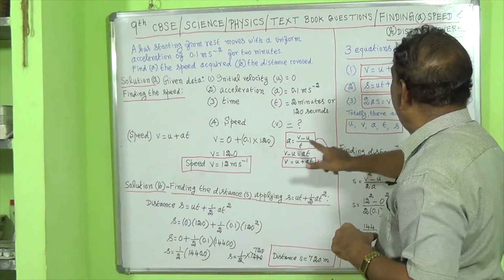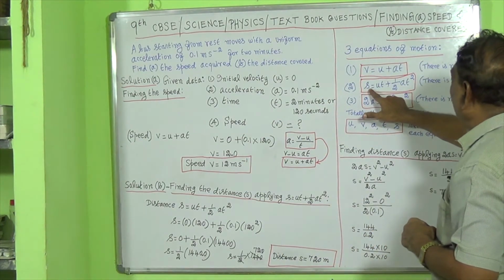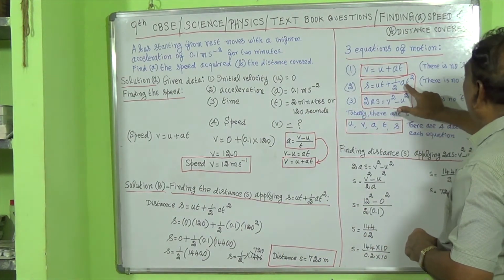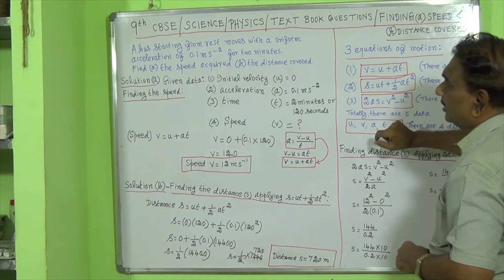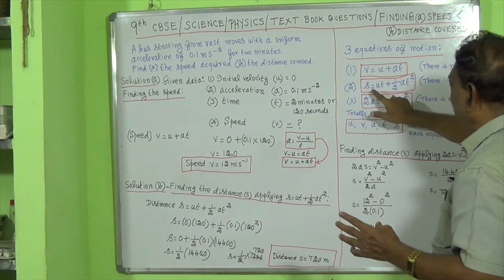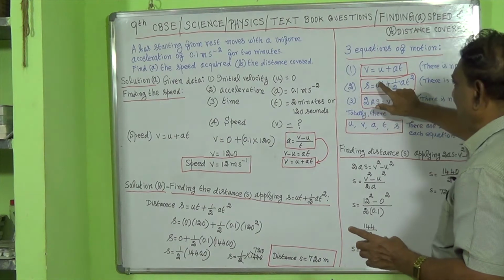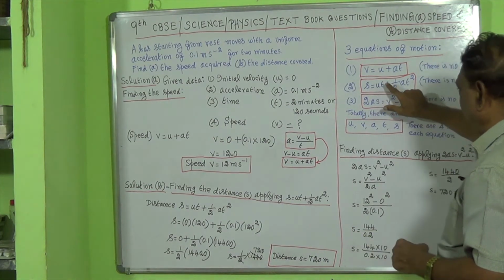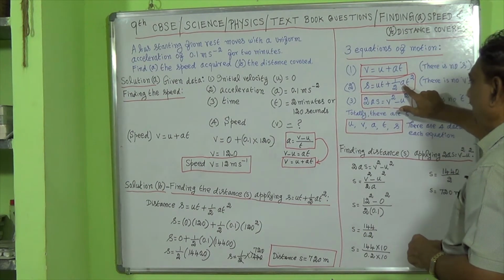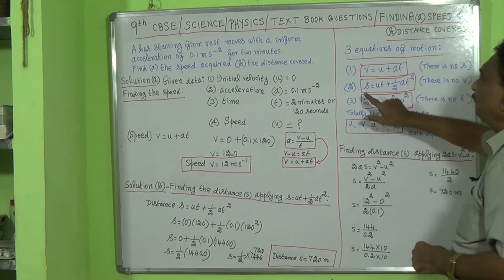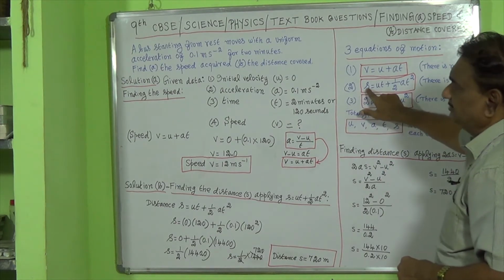How many data are contained in the second equation of motion? 4 data are contained. What are they? The distance S, initial velocity U, time T, acceleration A. We have to find the distance covered.